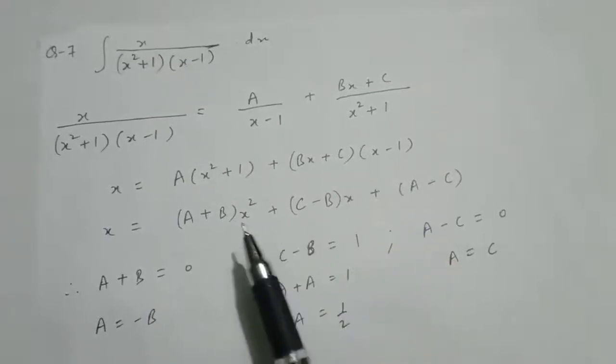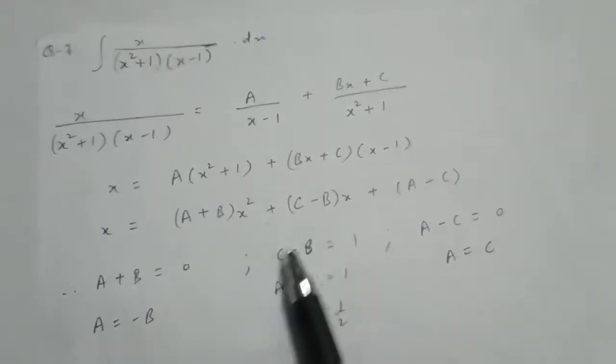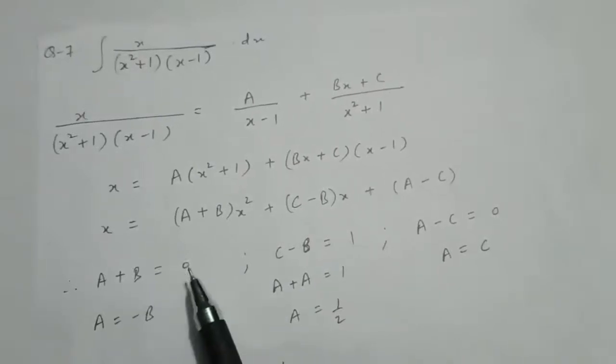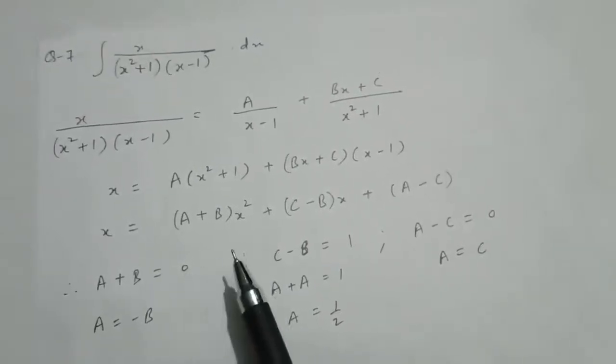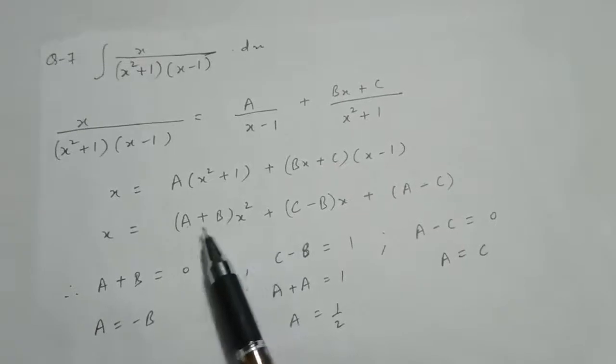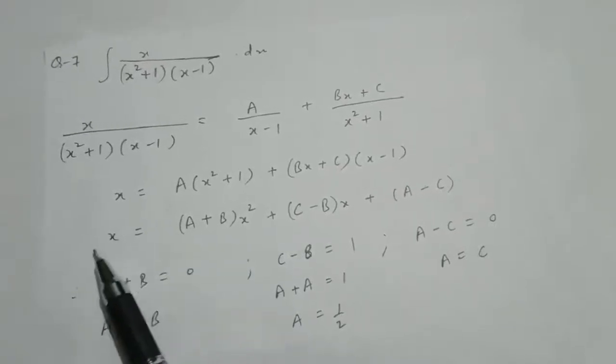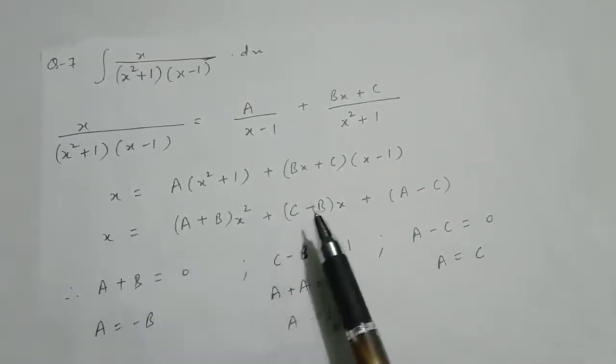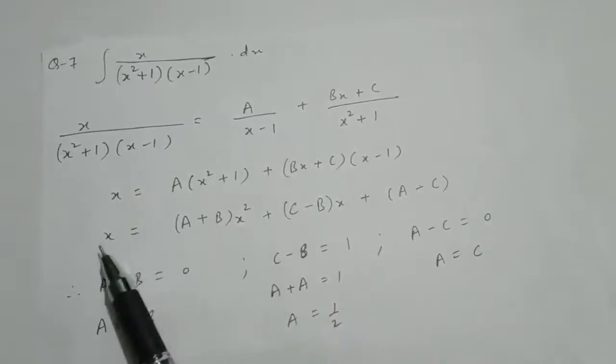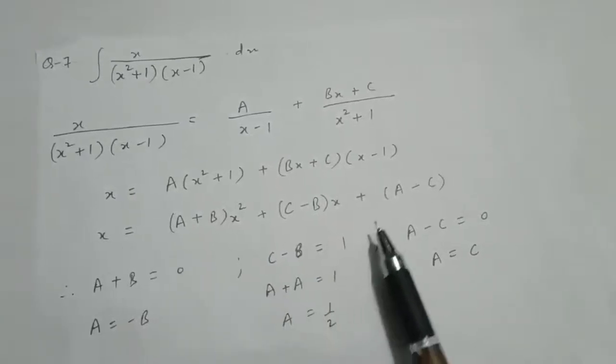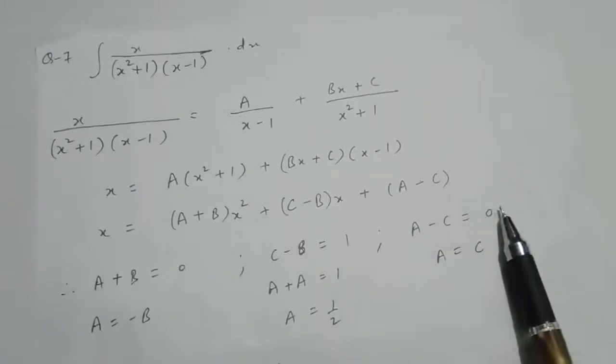Now when you compare the coefficients, you will get a plus b equal to 0, because here the coefficient of x square is a plus b and here it is 0. Here the coefficient of x is c minus b and here it is 1, and the constant term a minus c is equal to 0.